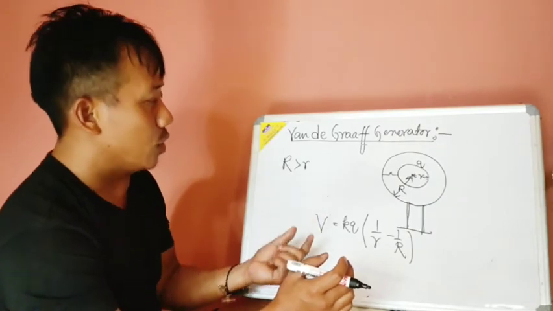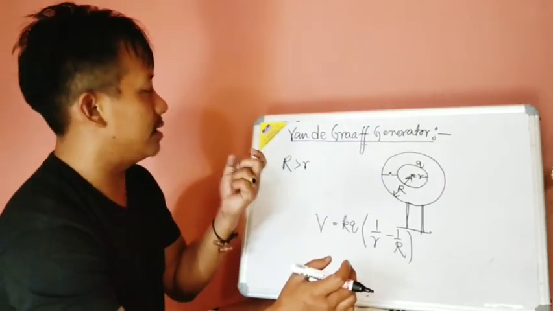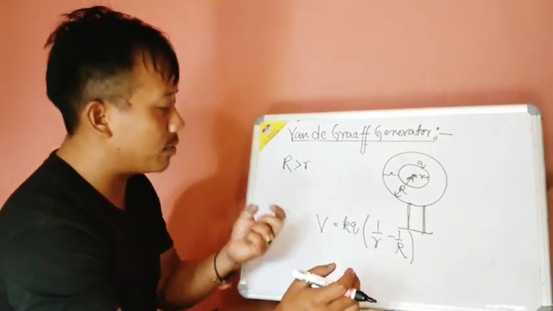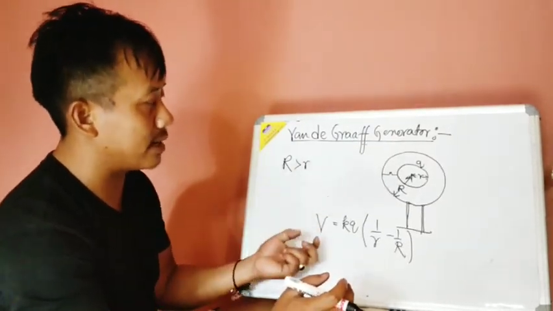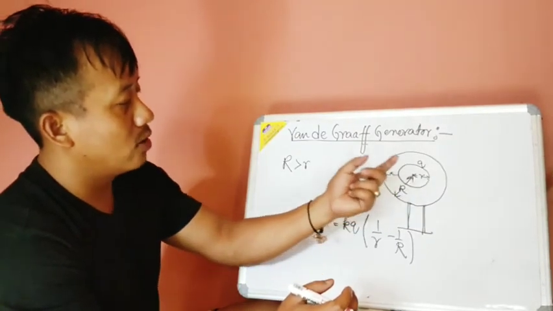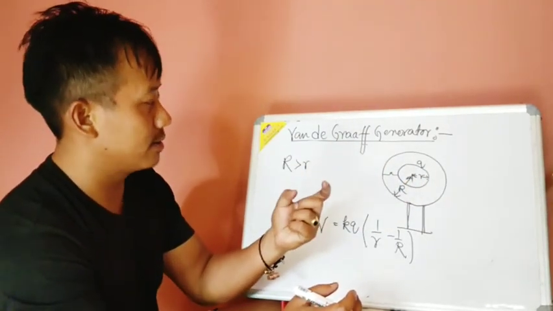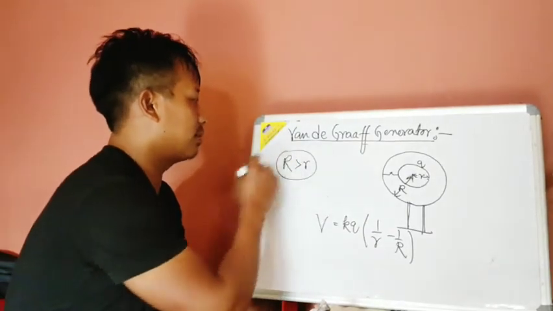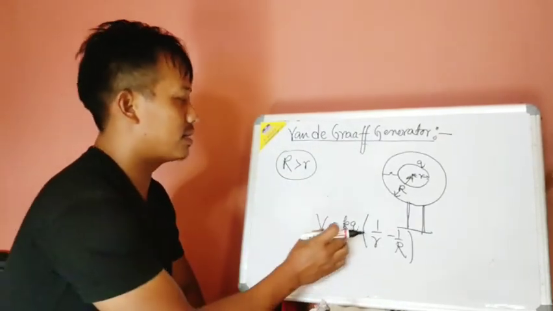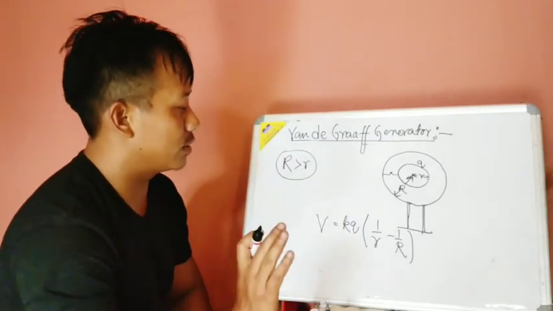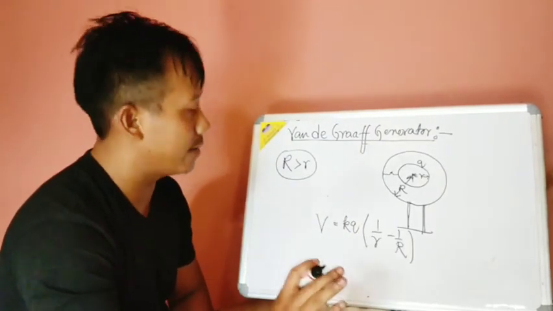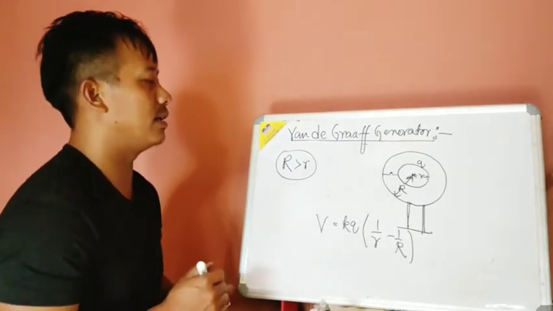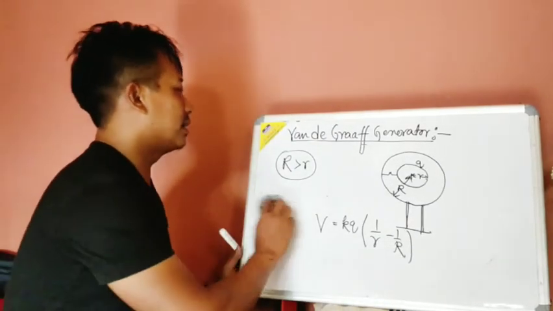This is the basic principle behind a Van de Graaff generator. How large a potential can be generated depends on the radii of these two spherical cells.